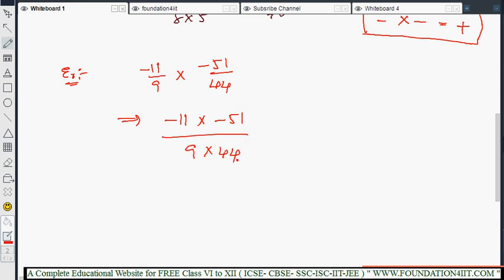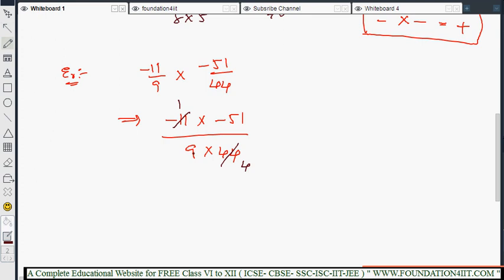Instead of multiplying 11 into 51 by 9 into 44, if common divisors are there, you can cancel. So I am cancelling with the 11 table, because 11 ones are 11 and 11 fours are 44. The same number should be cancelled in numerator as well as denominator.